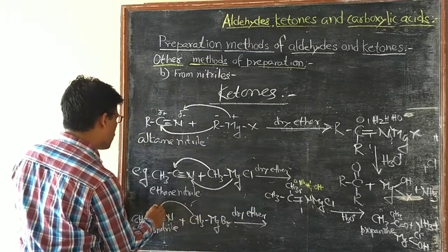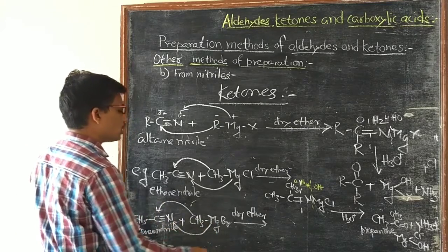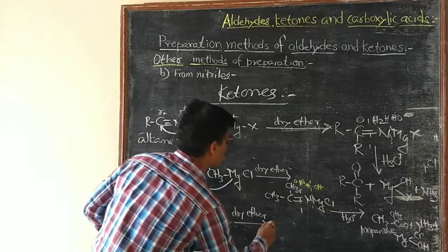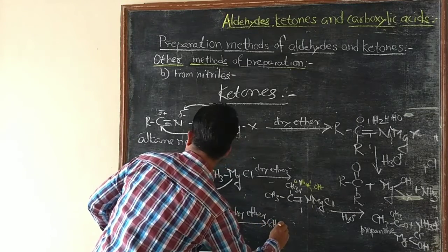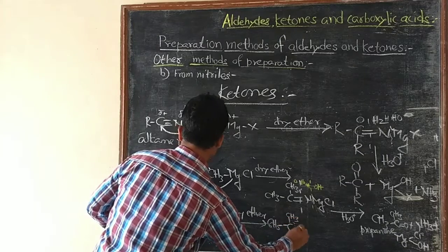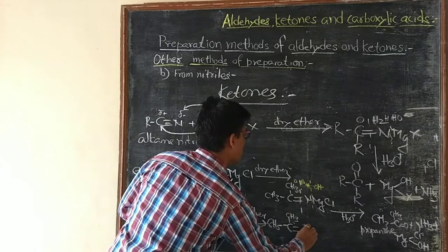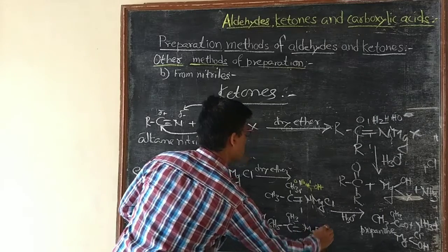The methyl group goes to carbon and MgBr goes to nitrogen. Then it forms its addition product, that is C6H5 C(CH3) double bond NMgBr.